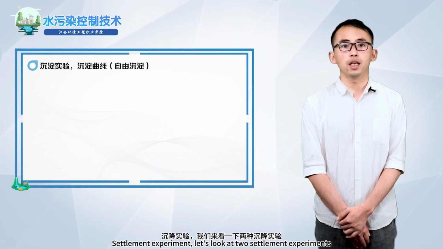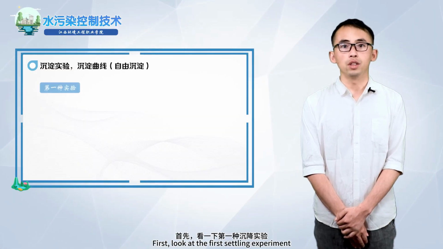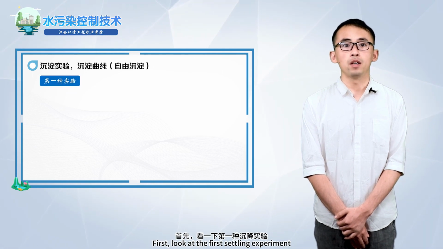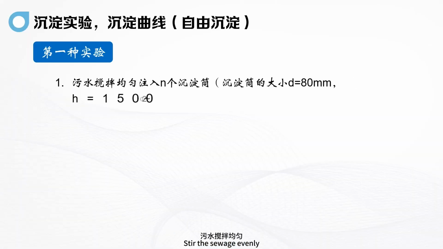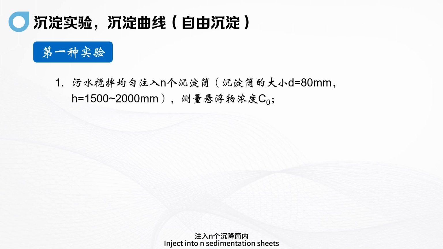Let's look at two settlement experiments. First, look at the first settling experiment. Stir the sewage evenly. Inject into N sedimentation cylinders. The diameter of the cylinder is generally 80 mm. The height is 1500 to 2000 mm. Measure the concentration of suspended solids, where C0 is the original concentration of suspended solids.